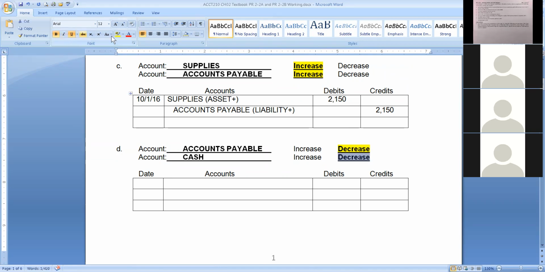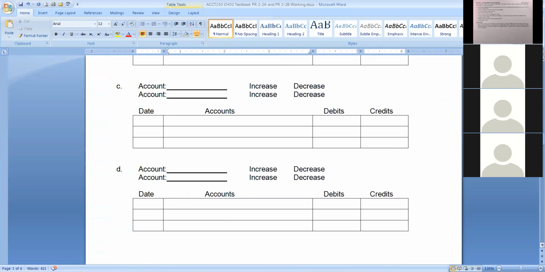And you'll notice that cash is an asset and accounts payable is a liability. So if they're on a balance sheet, assets equal liabilities plus equity. So both sides are going down by the same amount. Okay. So let's take either one. Cash is decreasing, accounts payable is decreasing.